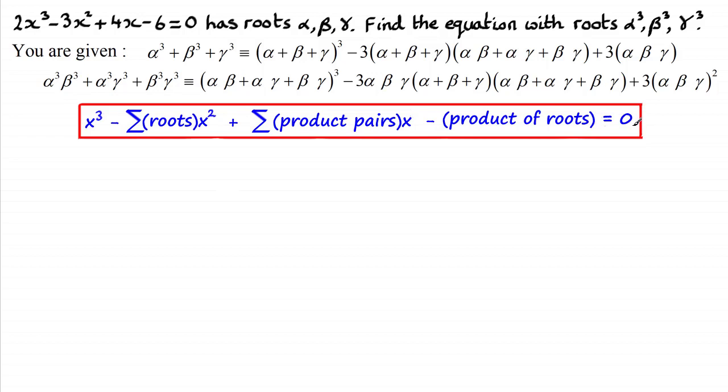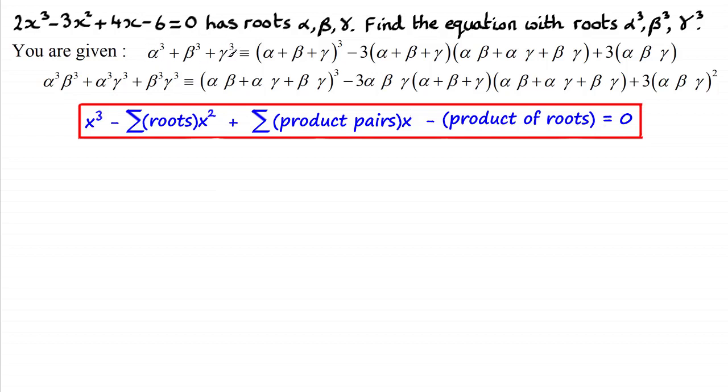So what we're going to need to put into these parts of this equation are the sum of the roots. Those roots now, being alpha cubed, beta cubed and gamma cubed, will be this result here. This is the sum of those new roots.